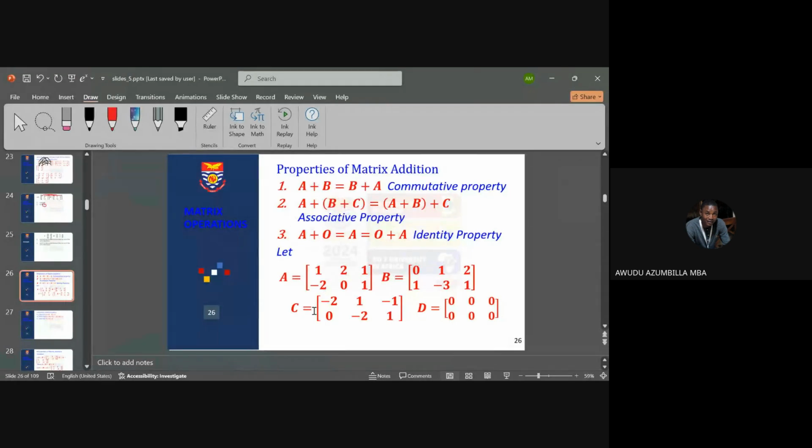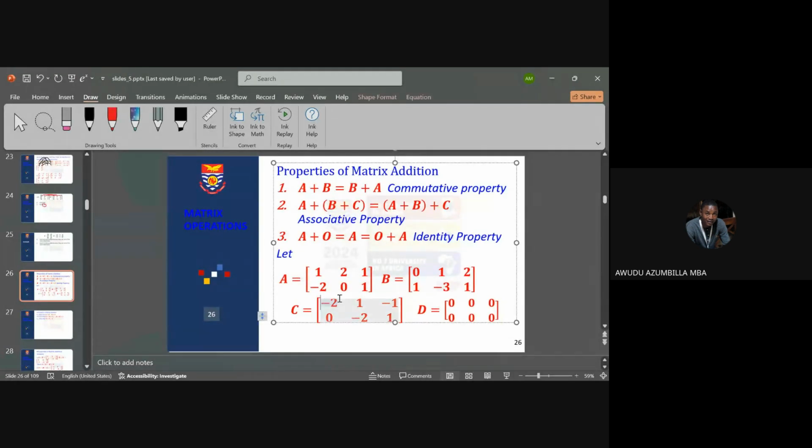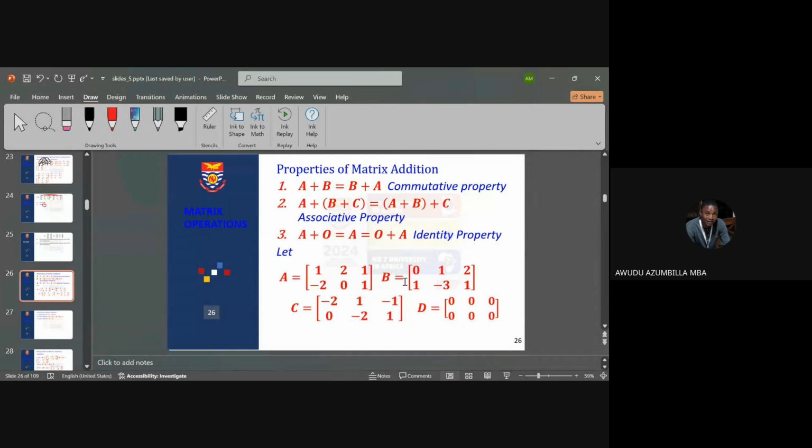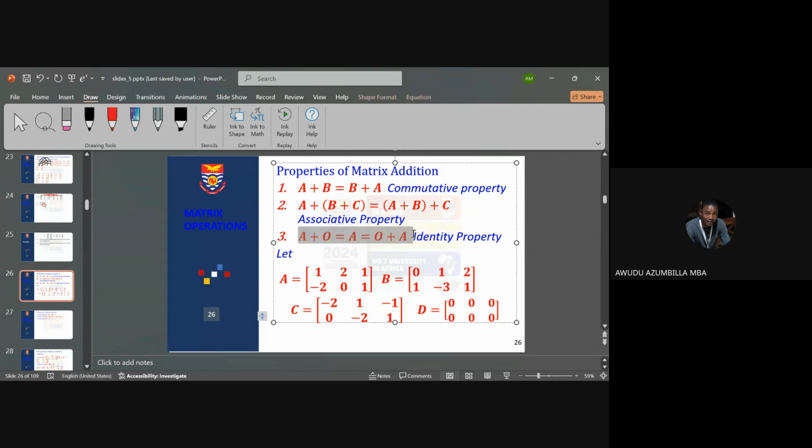So here we have A, B, C, and D. If you want to confirm the identity property, we are saying that you are going to add, let's say, matrix D to A. A plus D must be equal to A because the elements here are all 0.